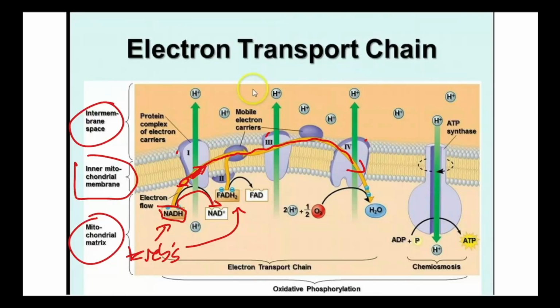Now, in these transmembrane proteins, there's a hole going all the way through that hydrogen can fit through, these protons. Well, when the hydrogens are coming off the NADH and the FADH2, you've got tons of hydrogens floating around in here, just like we saw with the photosynthetic electron transport chain.